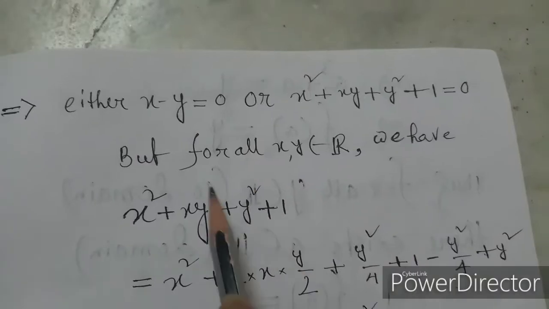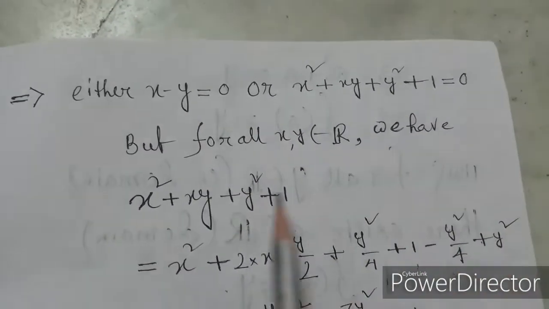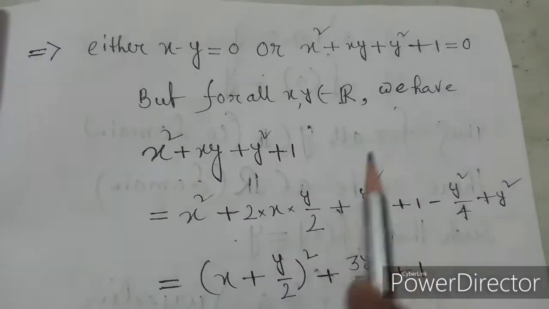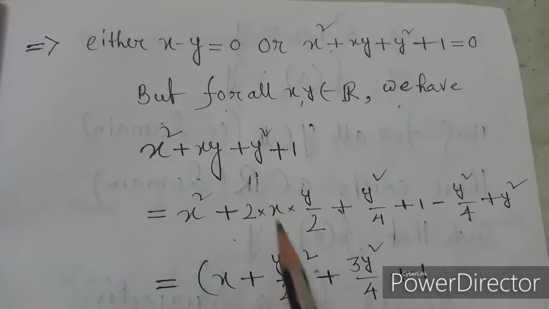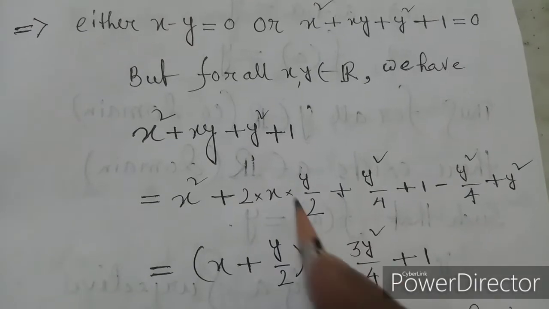How to show it? For all x, y belonging to R, we have x square plus xy plus y square plus 1. So now write x square here. Instead of xy, we can write 2 into x into y by 2, so this 2 cancels out.